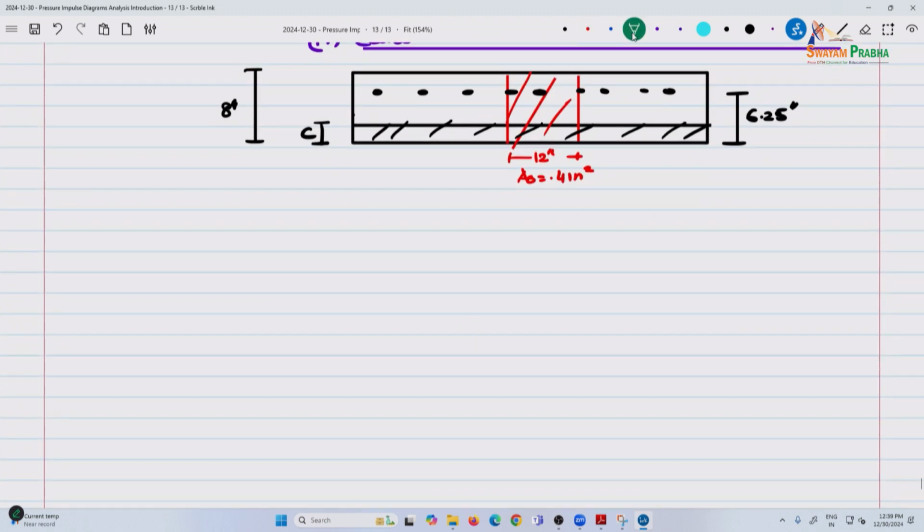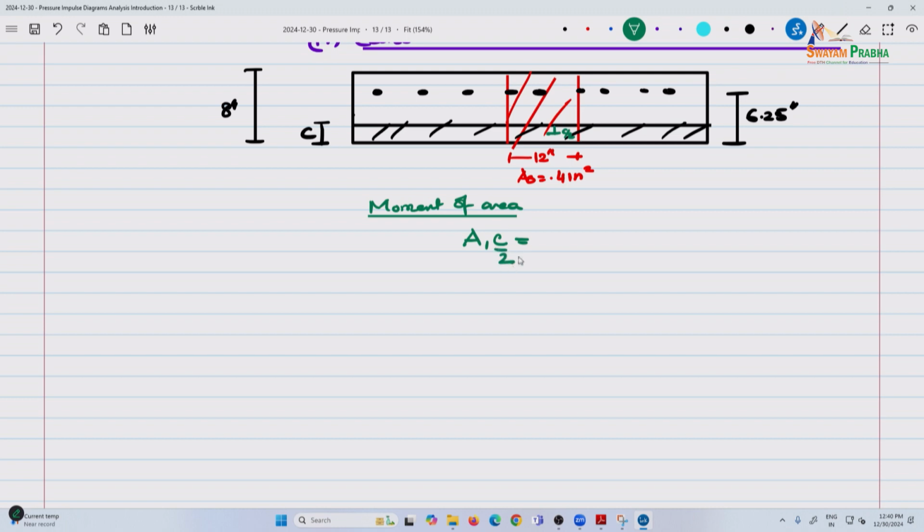So, we use the moment of area concept and we say A1 multiplied by C, equal to, so if this is C, this is C by 2.